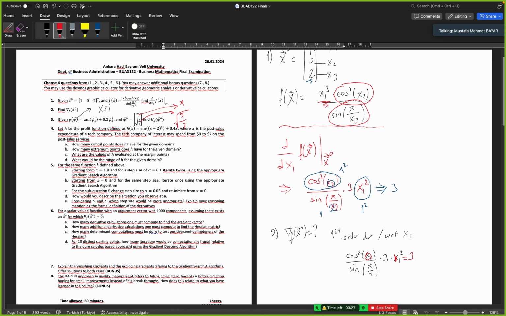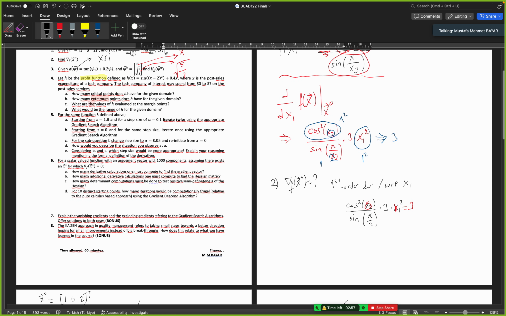So let me just revisit the fourth question and see how h is defined. So here it says that h is a profit function, which just implies that the greater values for h is favorable. Then we are trying to just maximize this function. So I'm going to just perform 2 times the gradient ascent function. Let's just do that.